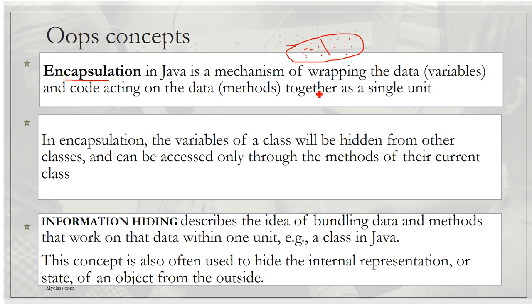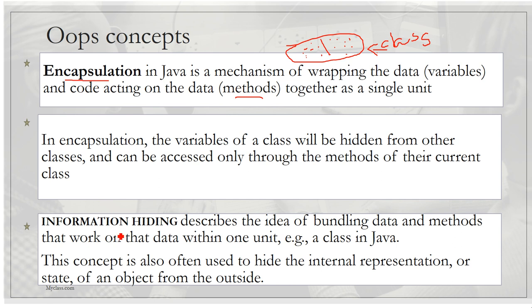Like that, we are wrapping the data and the code acting on the data, that means methods, together in a single unit. That is actually a class. Class is the main concept of encapsulation in Java. In encapsulation, the variables of a class will be hidden from other classes and can be accessed only through the methods of their current class.